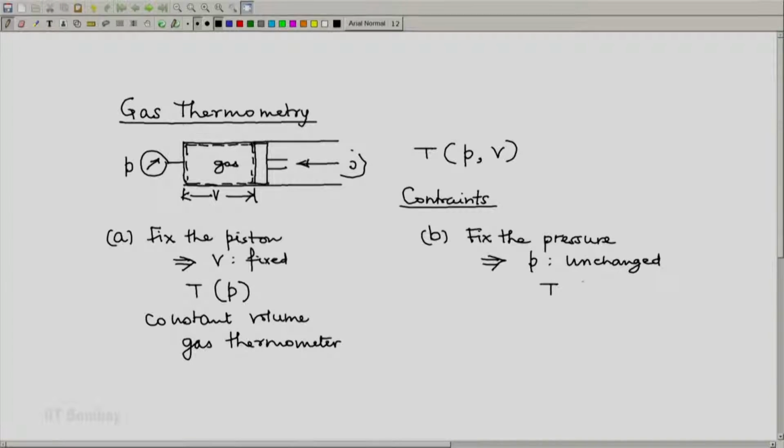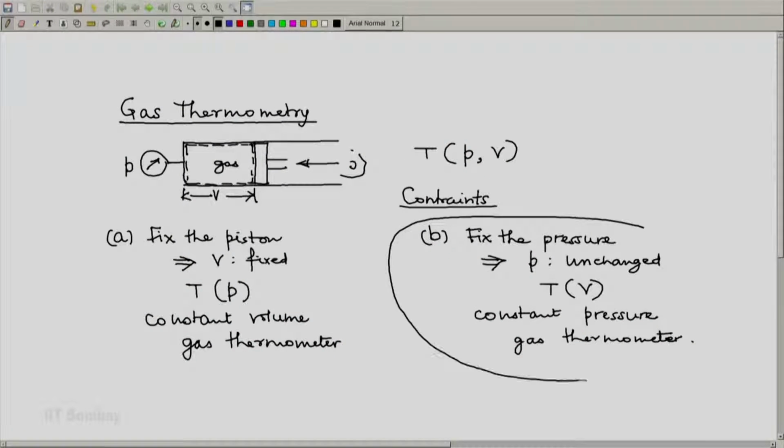So temperature can then be defined as a function of the volume, and this scheme leads to a constant pressure gas thermometer. Considering the ease of measurement and the obtainable accuracy, the constant pressure gas thermometer is considered a better scheme than the constant volume gas thermometer.